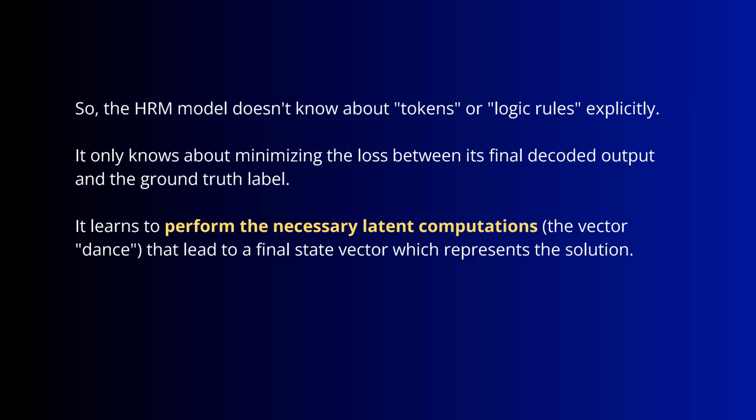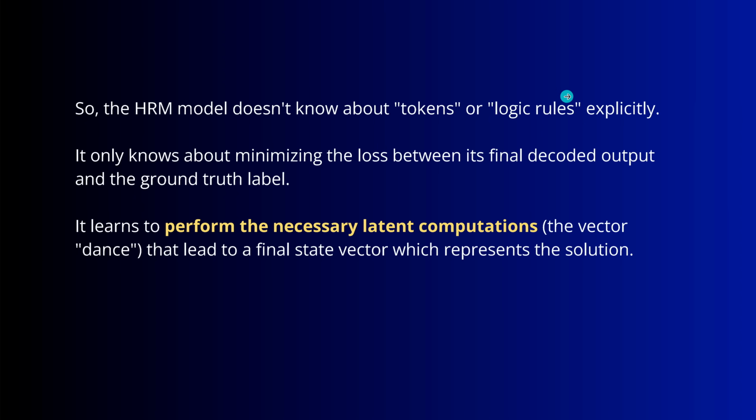And now we let the new AI model just run and run and run and find its internal representation that is the solution. The way it does it is not really known. Somehow in this neural network it happens. It is not as elegant as in my last video. So the HRM model doesn't know about tokens or the logic rules that it is applying.